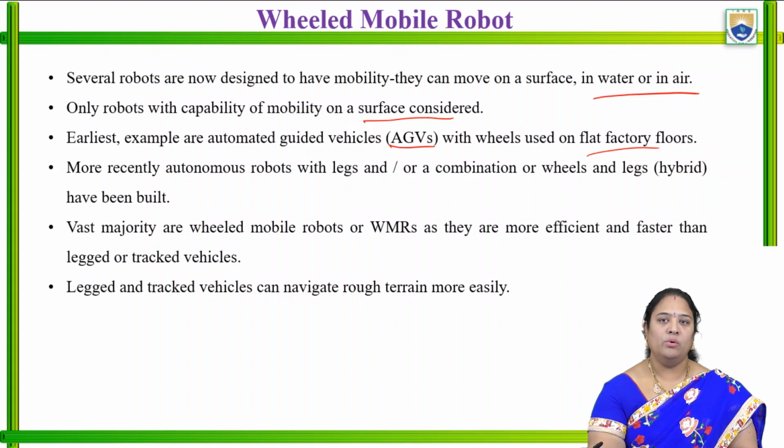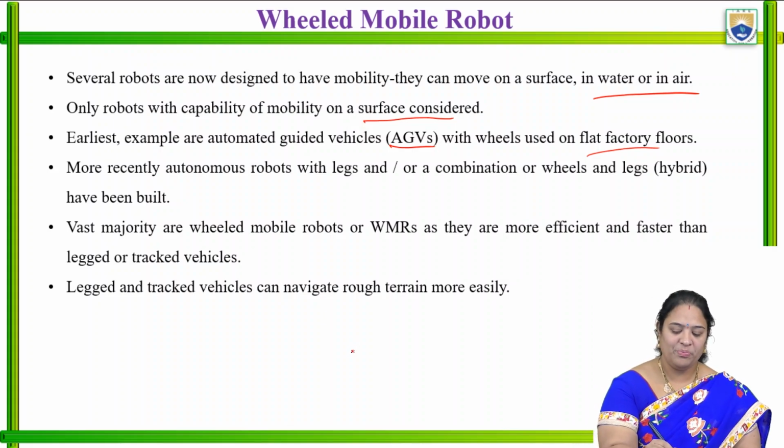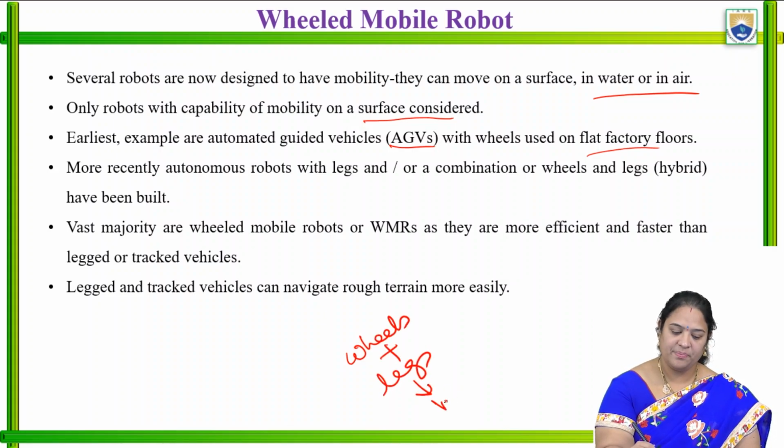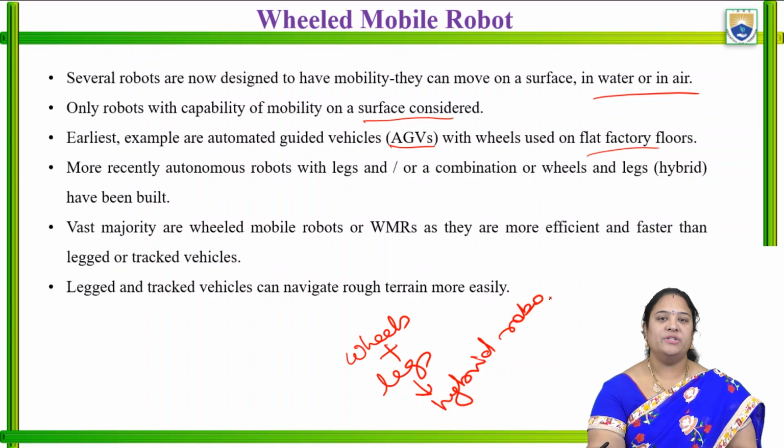A robot which has several legs, or a combination of wheels as well as legs, is called a hybrid robot. Any robot manufactured with the help of wheels as well as legs is known as a hybrid robot. This type of robot can be used on a smooth surface, or when we don't have a smooth surface, it can be lifted up and we operate that robot with the help of the legs.